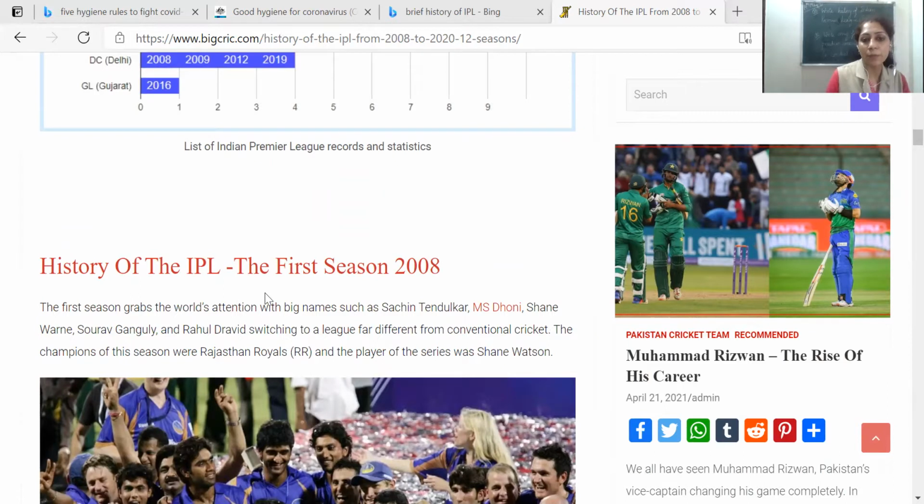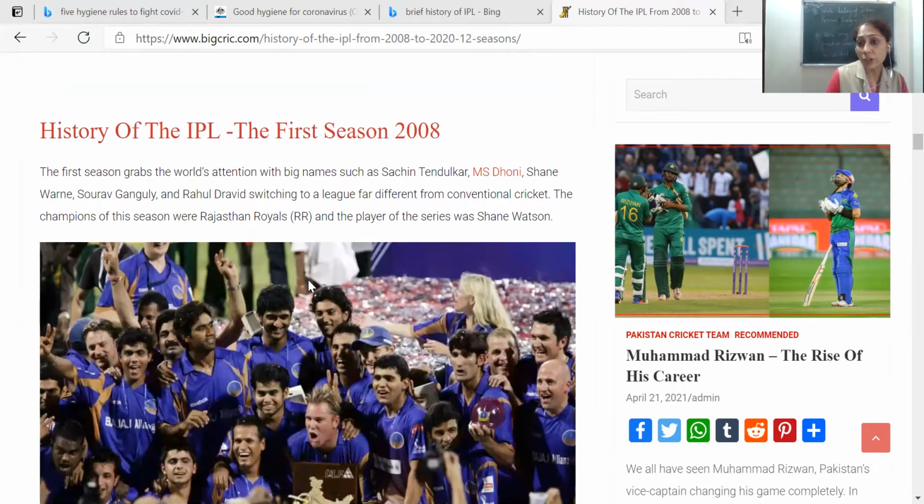Then the history of the IPL, the first season 2008, how it started. The first season grabbed the world's attention with big names such as Sachin Tendulkar. That was a time when Sachin was also playing. MS Dhoni, Mahendra Singh Dhoni, Shane Warne, Saurav Ganguly, Rahul Dravid, switching to a league far different from conventional cricket. The format is different.